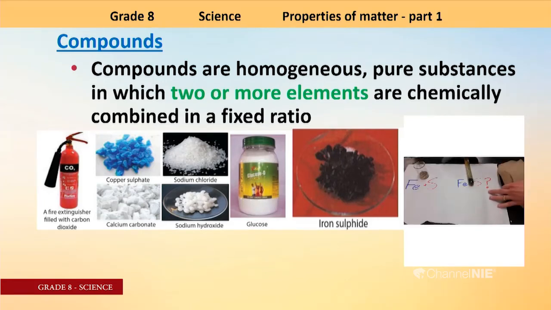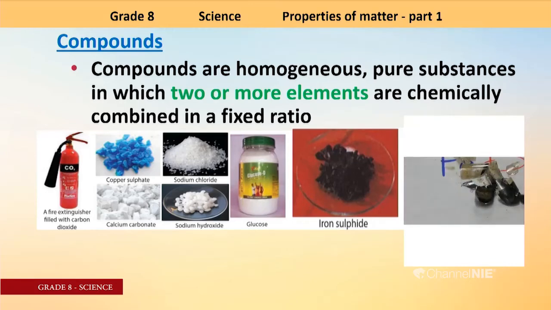Finally, they took that tube, it was a boiling tube. It is hard to remove that compound, that is why they break that tube. Then you can see the iron sulfide.